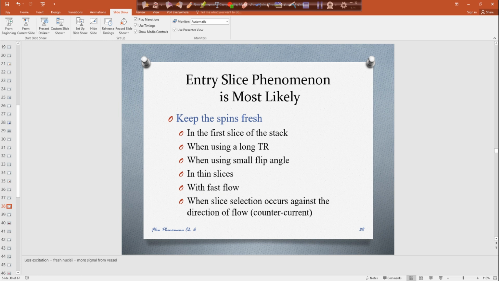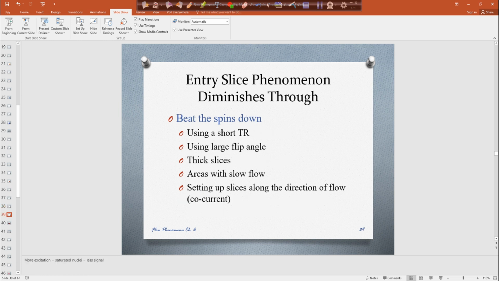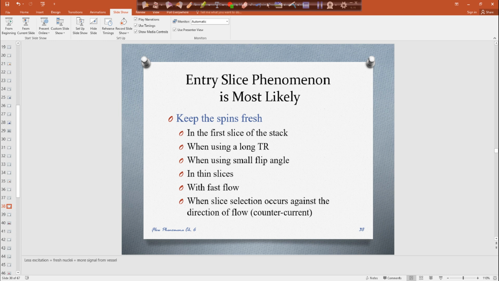So here's a good summary slide, these next two, so really highlight these slides. Your entry slice phenomena, meaning you're going to have bright signal from flowing blood, is most likely when in the first slice of the stack.